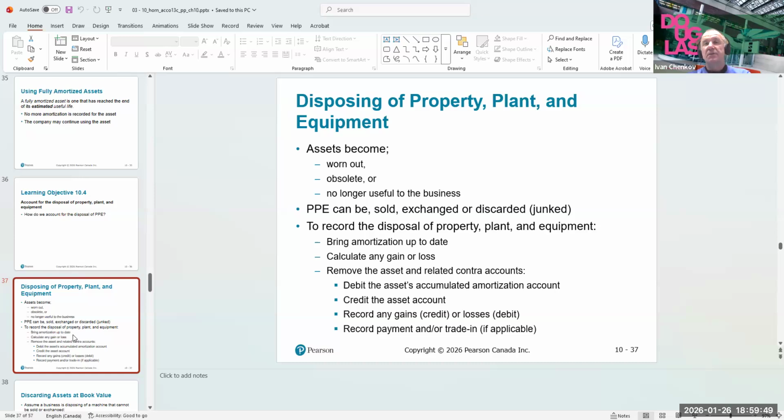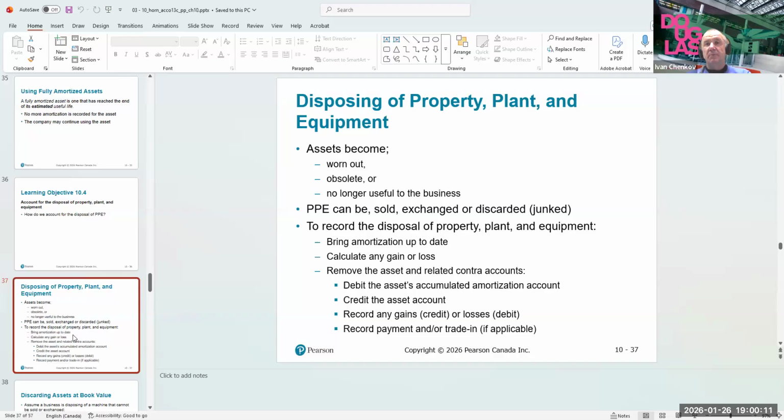We're going to see how much cash we get, and based on the cash we get, either the amount left for amortization will be higher than the cash, or the cash will be higher than that amount. That's going to determine whether we are going to have a gain or loss on the sale of the asset.